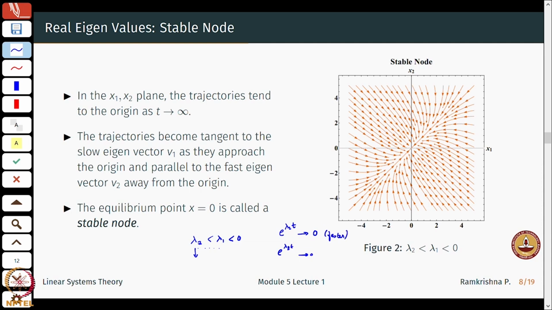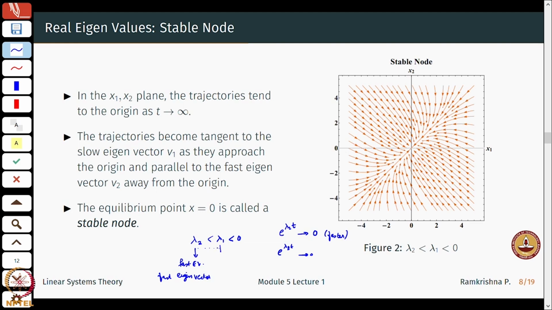So, we call this the fast eigenvalue, and the corresponding eigenvector the fast eigenvector. And similarly, the slow eigenvalue and the slow eigenvector.